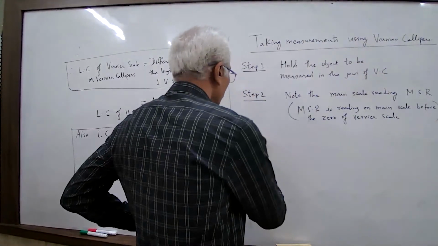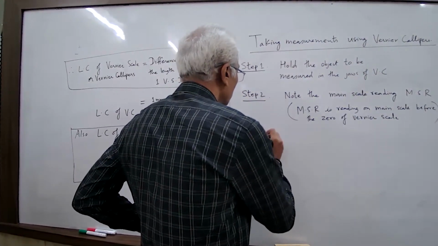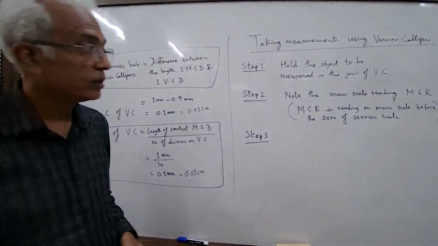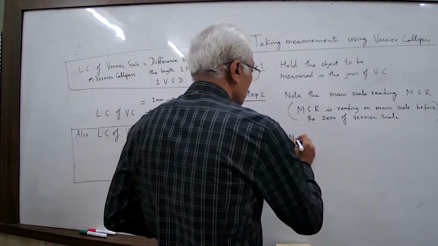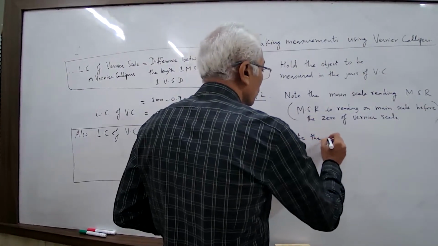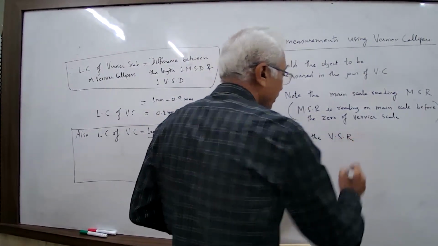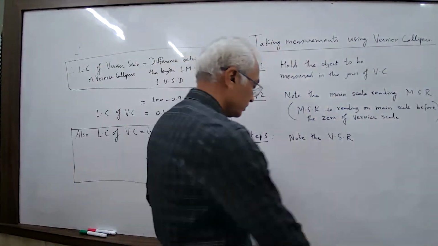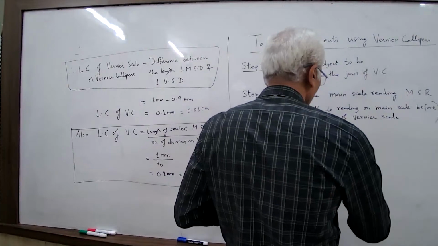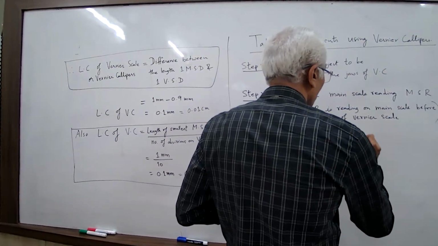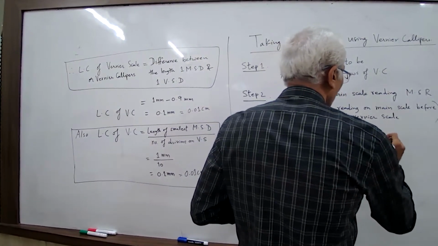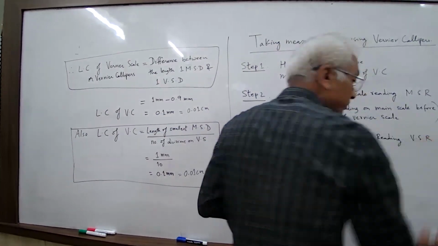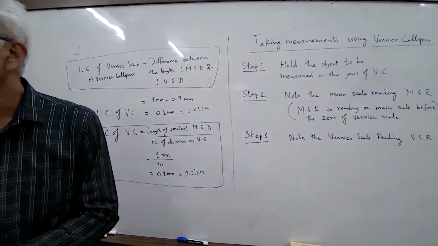Okay? So next you have to note down the vernier scale reading. VSR is the vernier scale reading. So how to note the vernier scale reading?